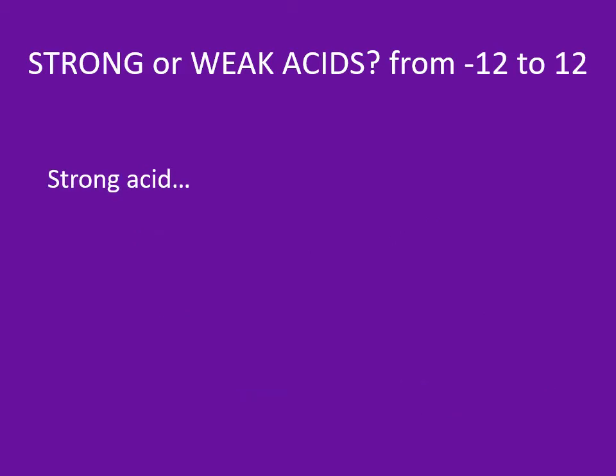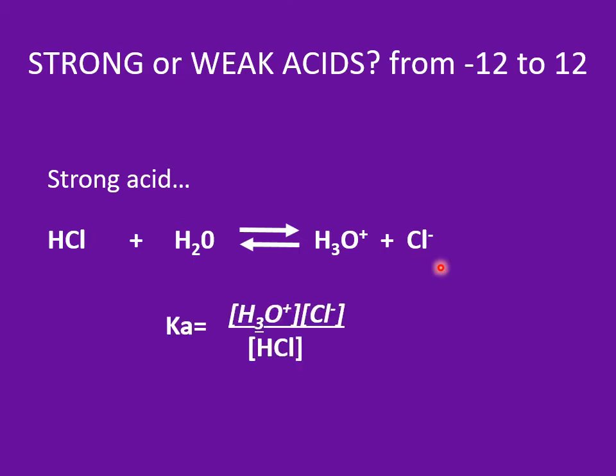An example of a strong acid is hydrochloric acid. Hydrochloric acid will dissociate in water to form hydrogen and chloride. The acid dissociation constant of this reaction is the concentration of hydrogen times the concentration of chloride divided by the concentration of hydrochloric acid.